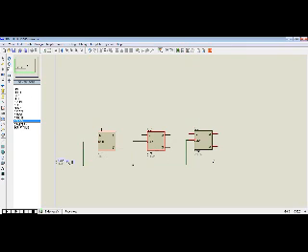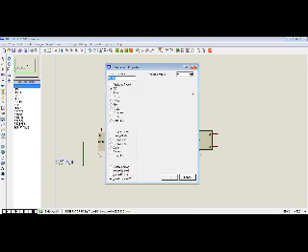Next, we fit in the values of the flip-flops. So we can use a voltage source and make sure that its voltage is set to 5 volts.